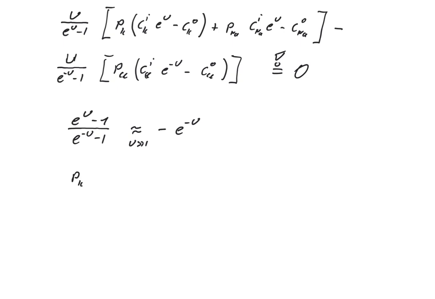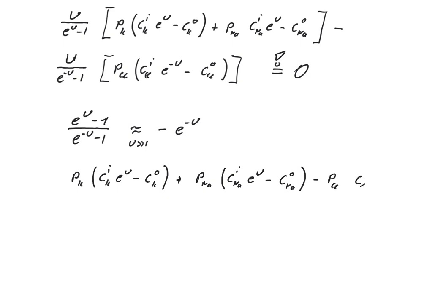So in that case, we can rewrite the above equations, obtaining a relation between the permeability coefficients and the relative concentrations of the ions with the membrane potential, or e to the power u of the membrane potential.